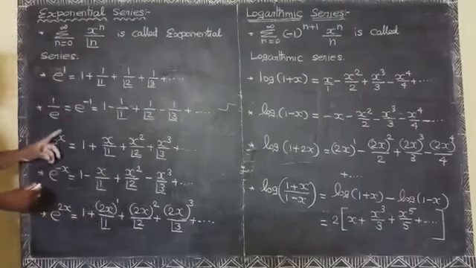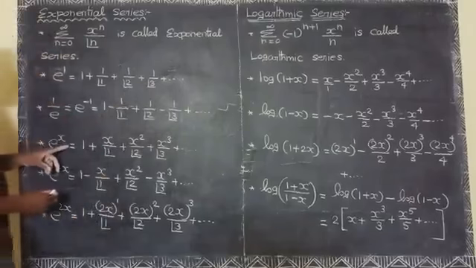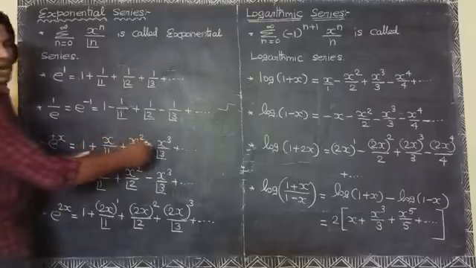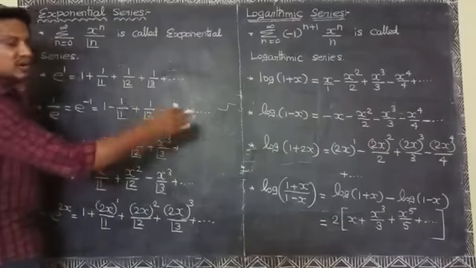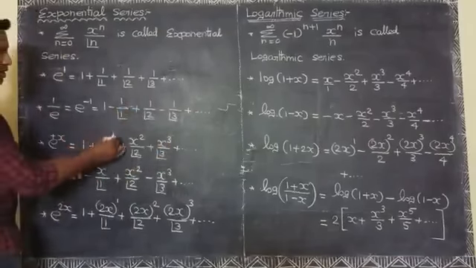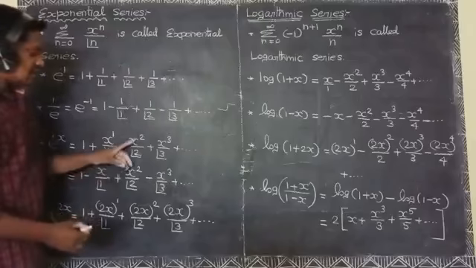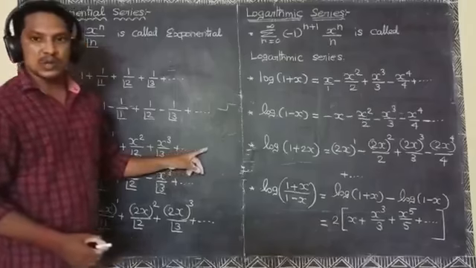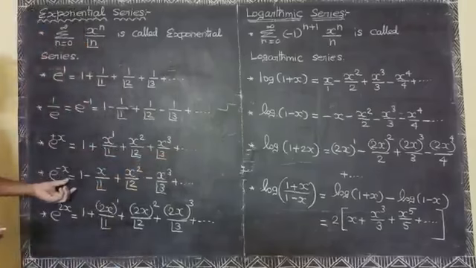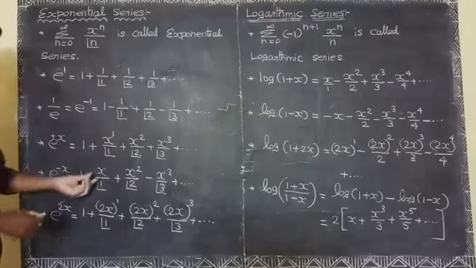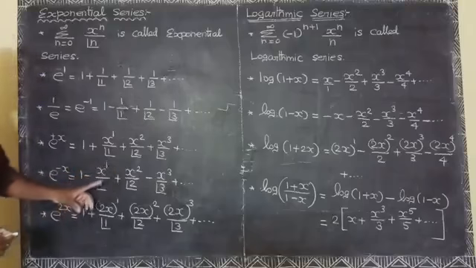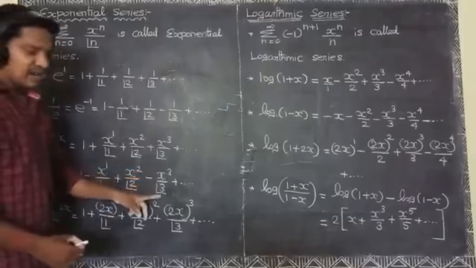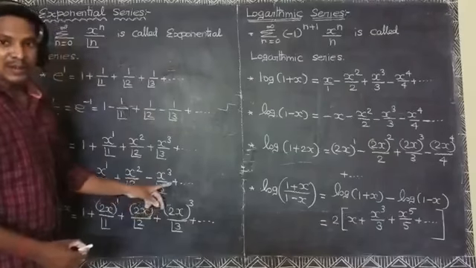e power x equals 1 plus x power 1 divided by 1 factorial plus x square divided by 2 factorial plus x power 3 divided by 3 factorial plus and so on, where all signs are positive. e power minus x means 1 minus x power 1 divided by 1 factorial plus x square divided by 2 factorial minus x power 3 divided by 3 factorial plus and so on.